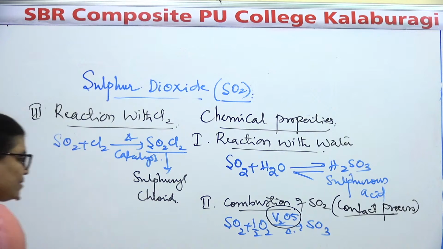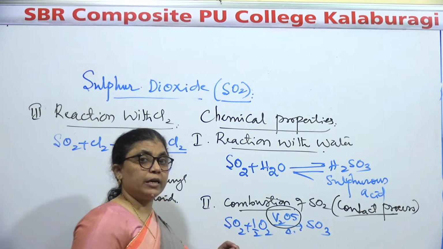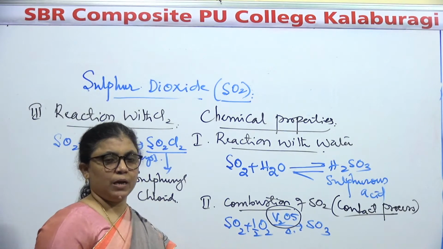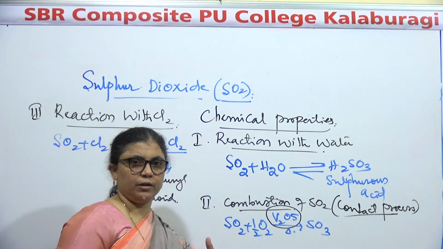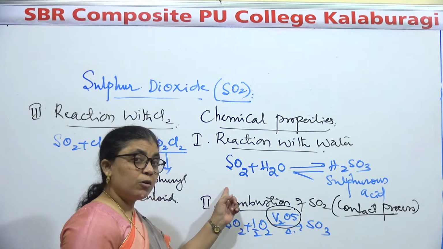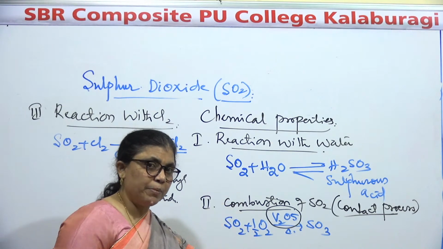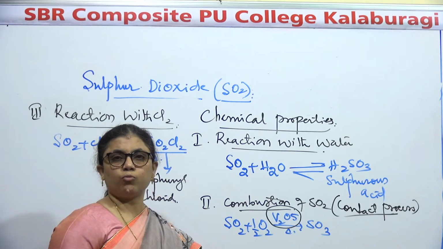Now, as I said, sulfur dioxide is weakly acidic in nature. One of the gases responsible for acid rain is sulfur dioxide. It means that when treated with a base, it can form salt and water.